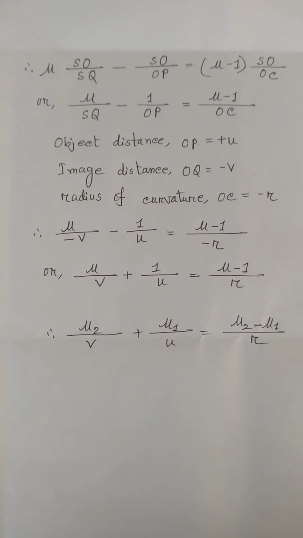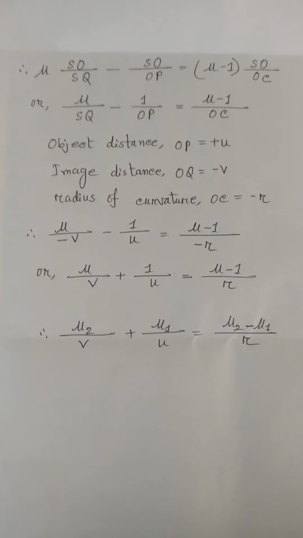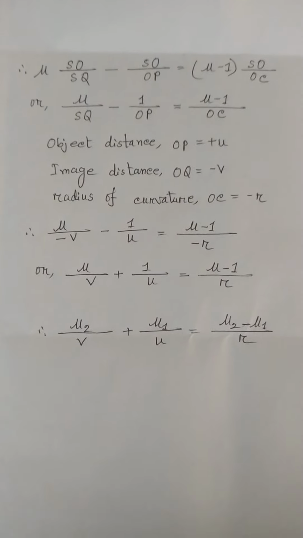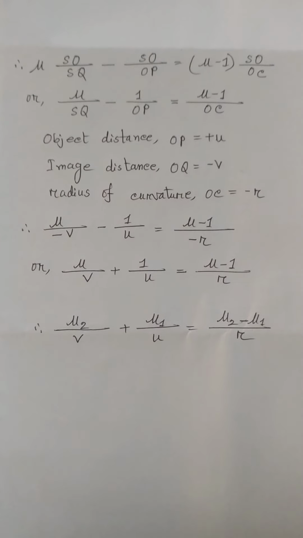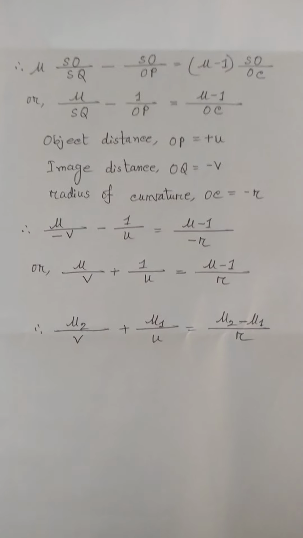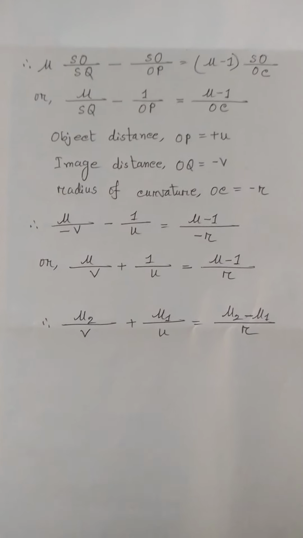Then we divide both sides by SO, and we get mu divided by SQ minus 1 divided by OP equals mu minus 1 divided by OC.